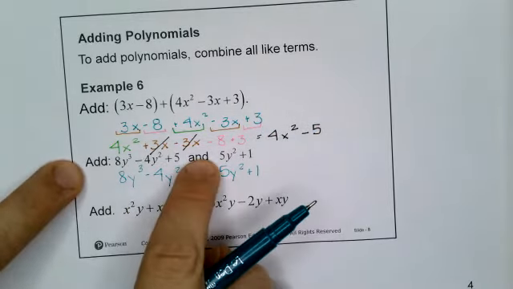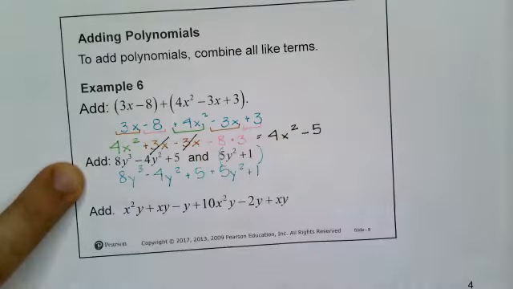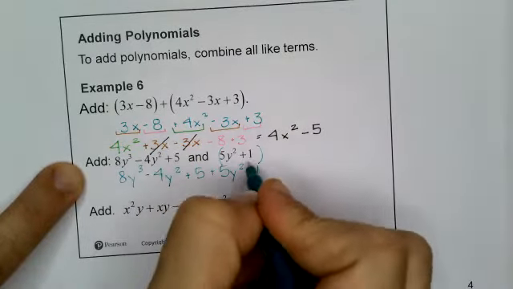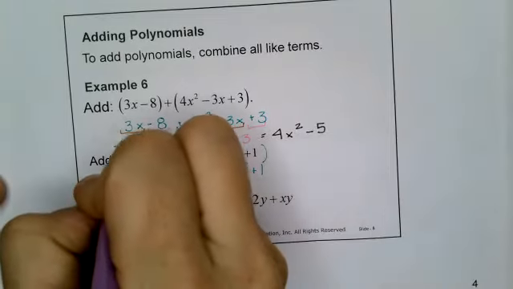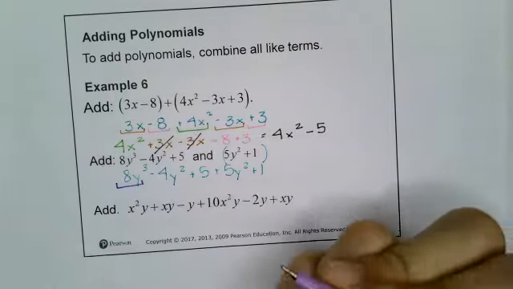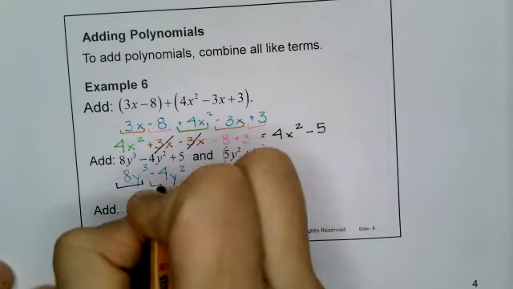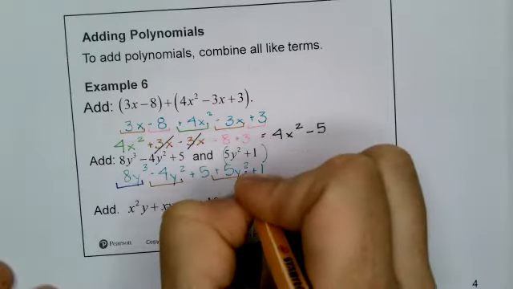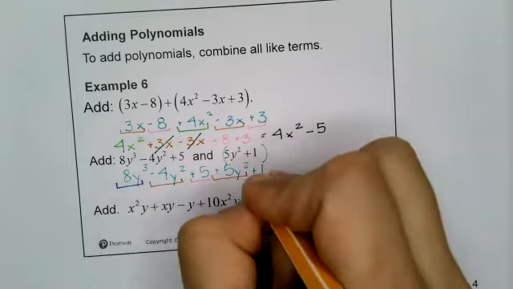If this said subtract and this was an "and," you would then have to subtract, put a minus sign there and a parentheses there, but I wouldn't worry about that. All right, what is our highest degree? It's the 8y to the third. Then we have -4y squared, and we have a positive 5y squared. And then we have 5 and 1.